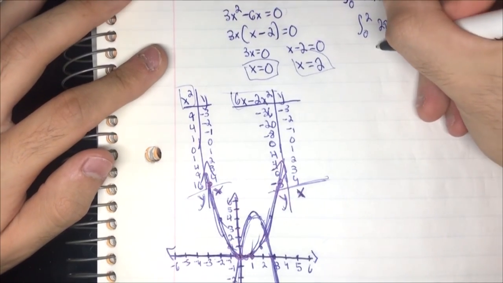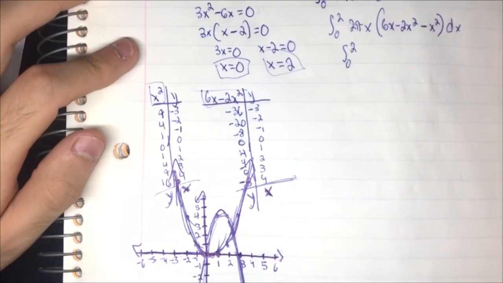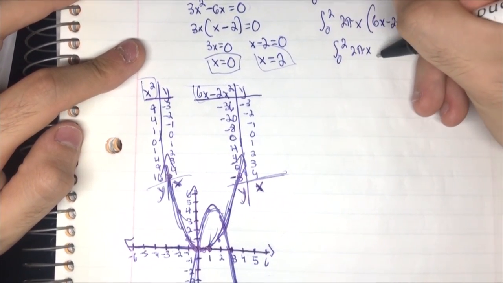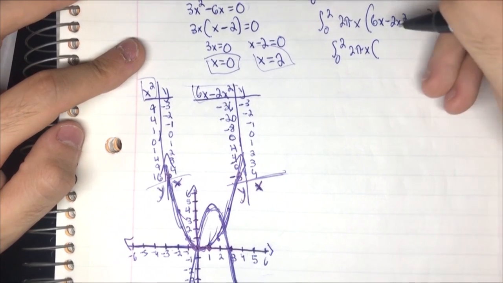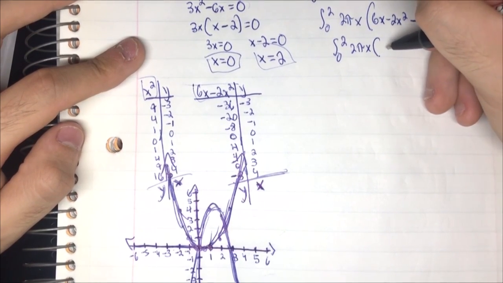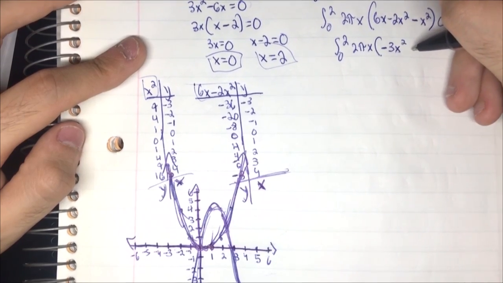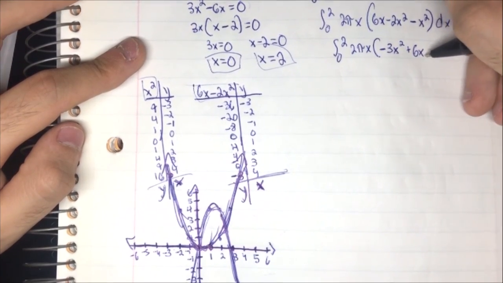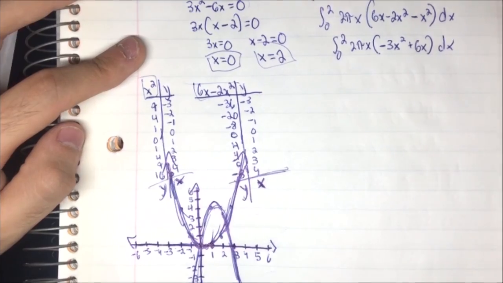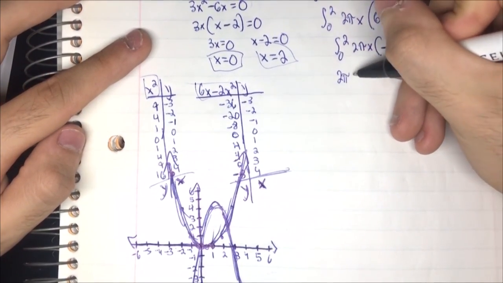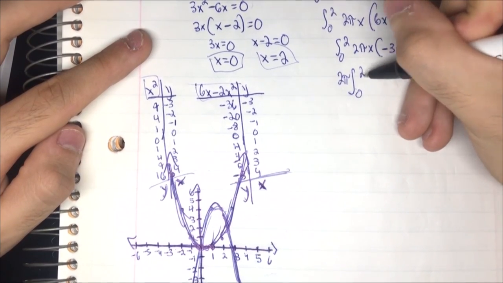So now we have 0 to 2. That doesn't change. 2 pi x doesn't change. Alright, this is what we have. Subtract that, so negative 3x squared plus 6x dx. Cool. So let's see. Now we can distribute in the x. First, pull out the 2 pi up in front.